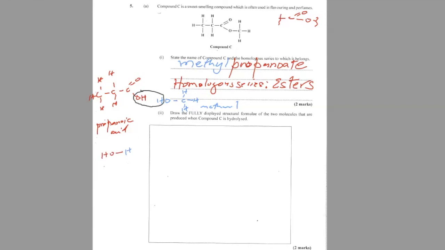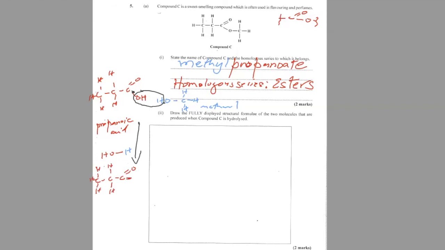So this part here is going to be joined to this part here. So let us just reproduce that. We'll have an arrow to say what we get. Let's start from the left: we would have CH3, CH2, then C double bond O, and then we're at the part where we just took off the OH.